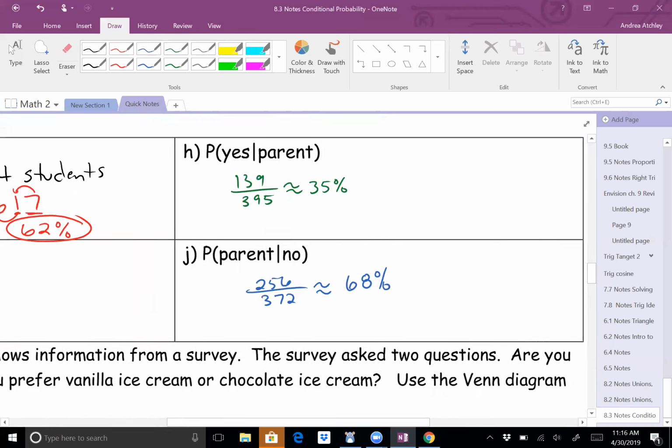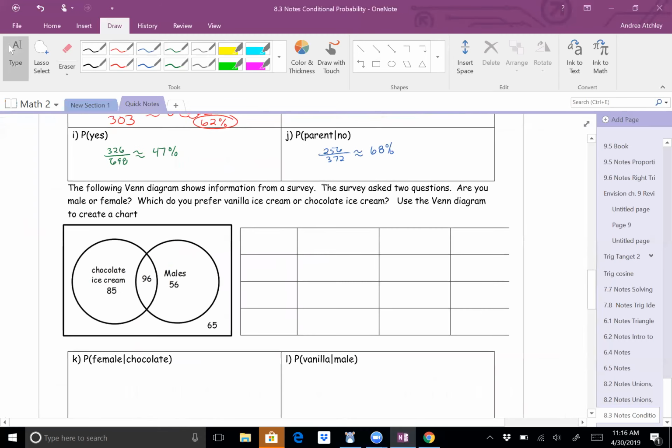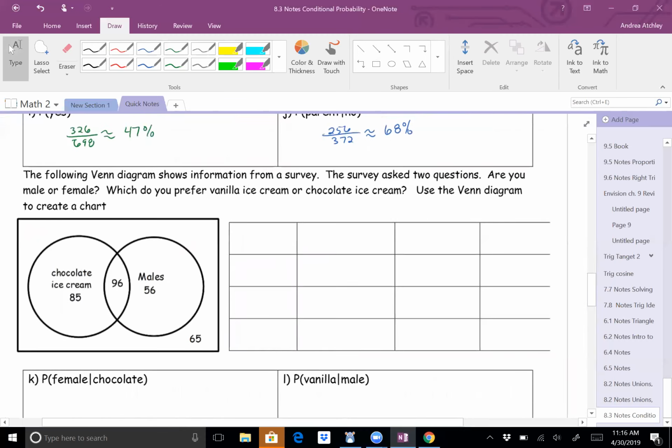Okay, now this is the tricky one. Reading a Venn diagram and creating it and putting it into a table, basically. When you look at your Venn diagram, you have to find two things. So this Venn diagram says, are you male or female? And then, which do you prefer, vanilla ice cream or chocolate ice cream?